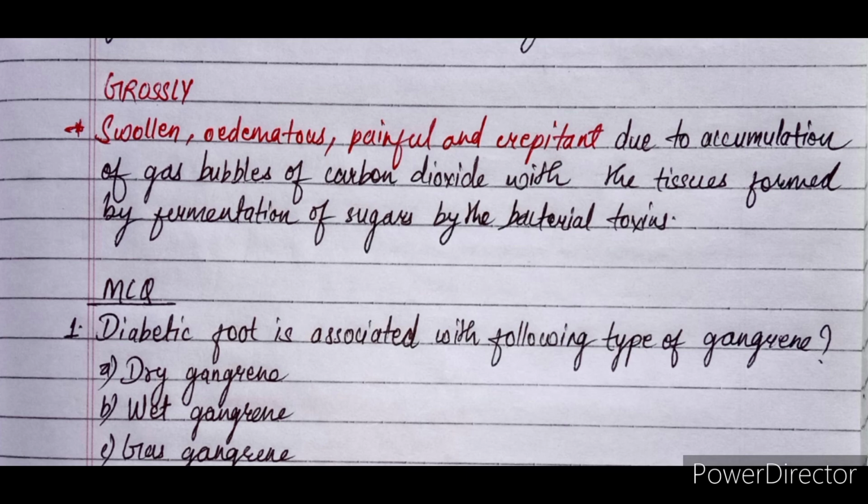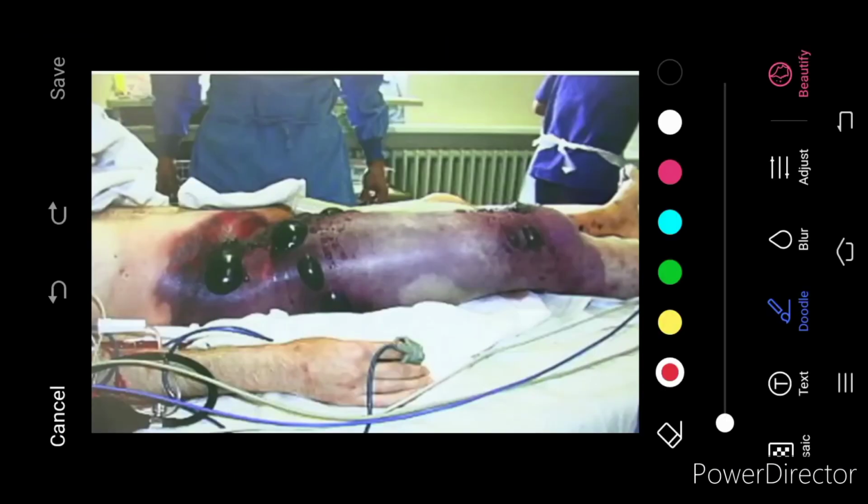Due to accumulation of gas bubbles of carbon dioxide within the tissue, formed by fermentation of sugars by the bacterial toxins. So let's see figure of gas gangrene. In this figure you can see the condition of gas gangrene.